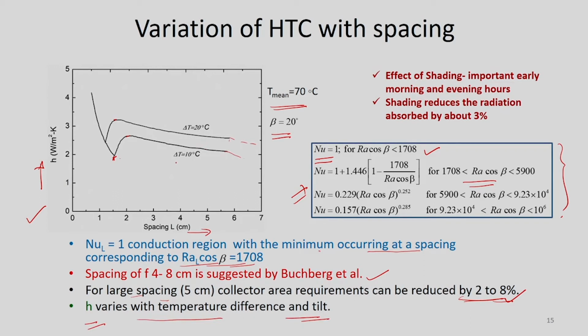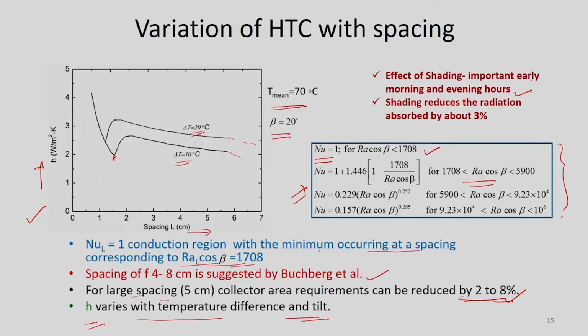Okay? So, when delta T is 10, its variation is something like this. When delta T was 20, its variation is something like this. Okay? So, it varies with this temperature difference and tilt, right. So, this tilt angle is very, very important for capture of more solar radiation. Okay? And also this effect of shading is very, very important during early morning and evening hours. Okay?